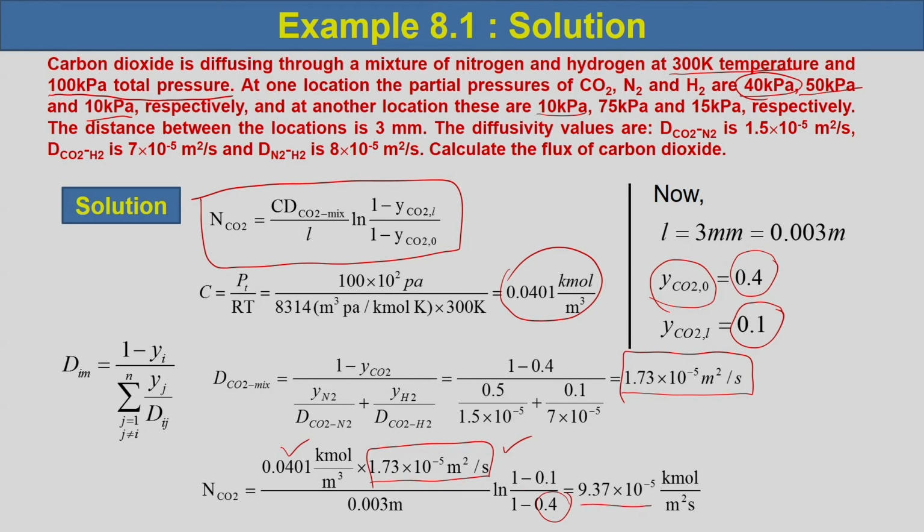So, we can calculate the flux as 9.37 × 10^-5 kilomole per meter square second. So, this is how we can calculate the flux for a multi-component system.